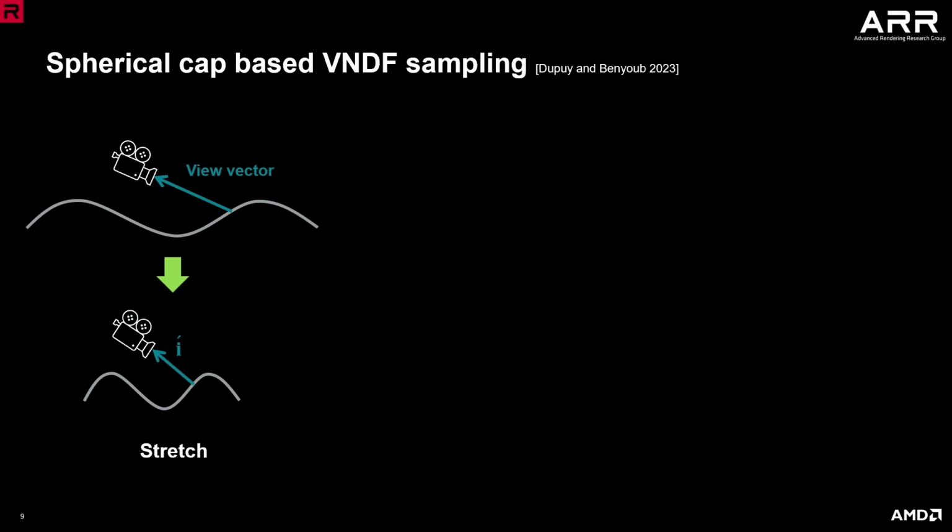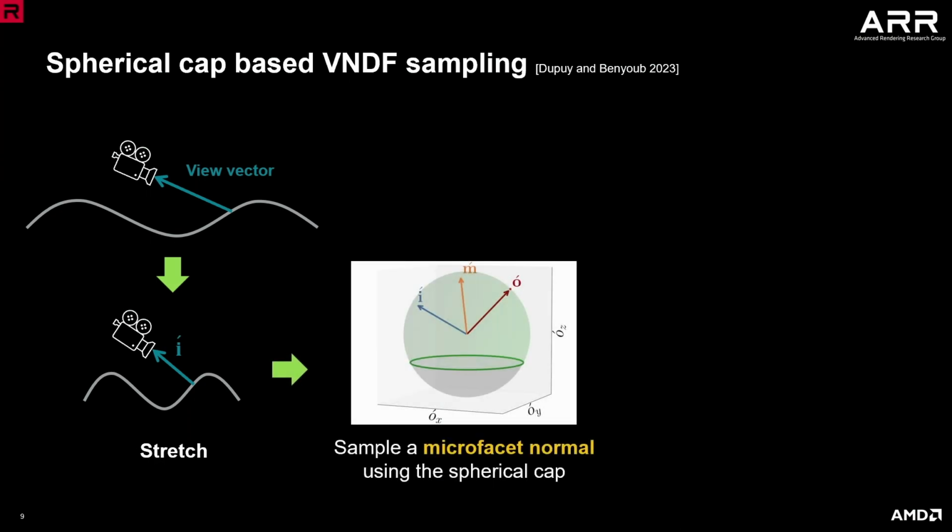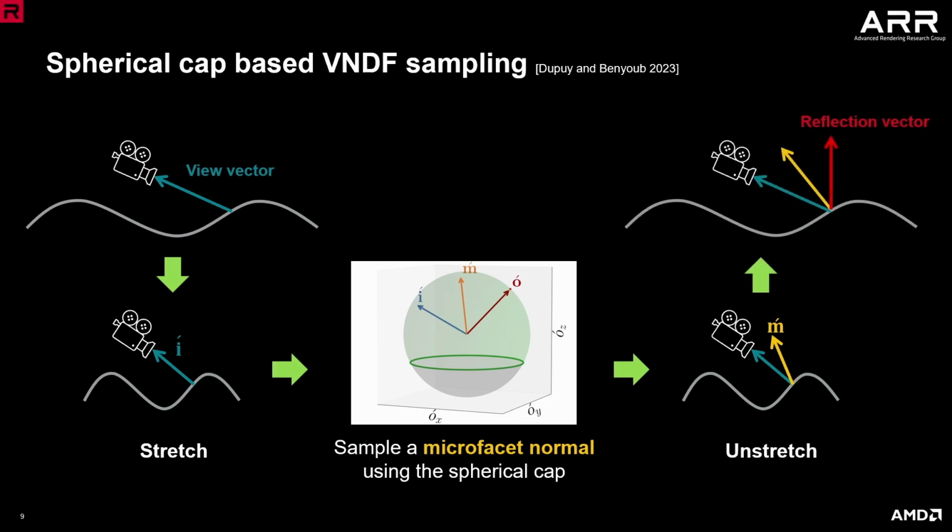Then, we sample a microfacet normal using the spherical cap and the stretched view vector. At this time, the sampled microfacet normal is in the stretched space. Finally, we unstretch the sampled microfacet normal and get a reflection vector in the unstretched original space.